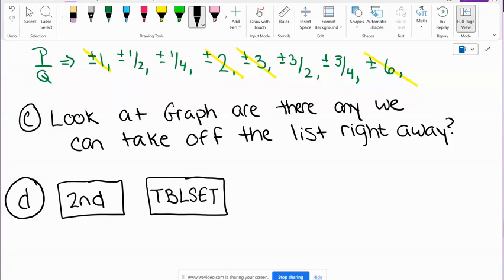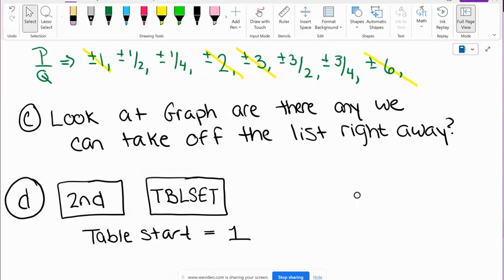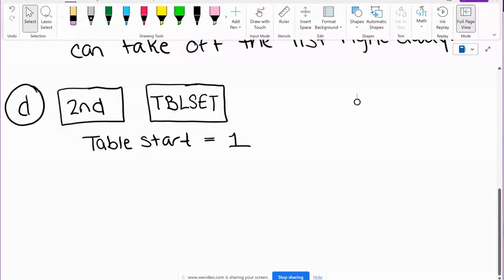Okay, we're going to second table set. It does not matter what the table start is. So then there's going to be a list, and you'll see when we go through this. Table start is usually 1. But this is the important part.